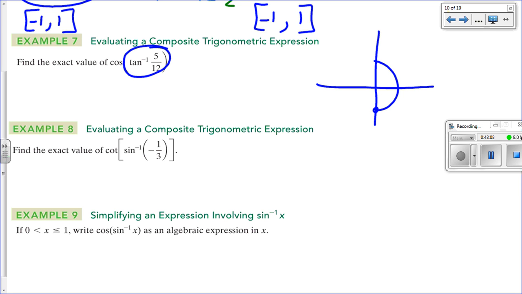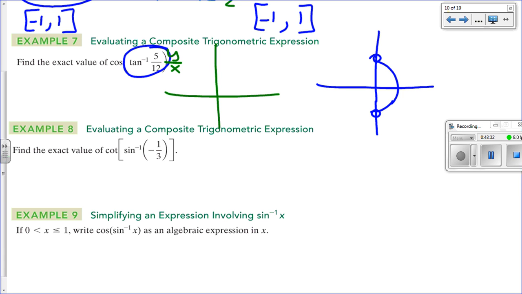And we need an open circle, right? So where's the tangent positive? In quadrant 1 or 4? 1. So what that means is that I'm going to have some type of angle here in quadrant 1 where the tangent is 5/12, and tangent is defined as y/x.